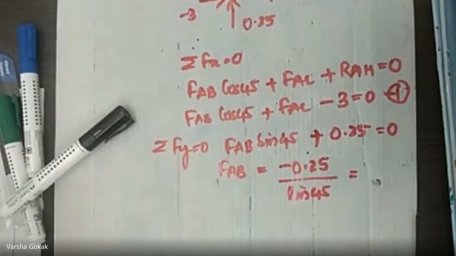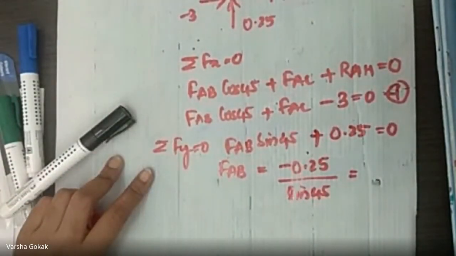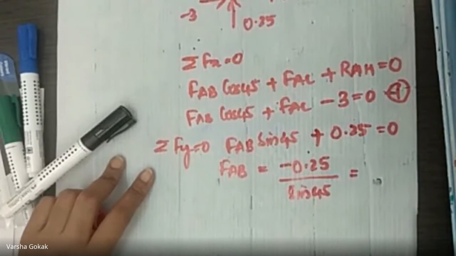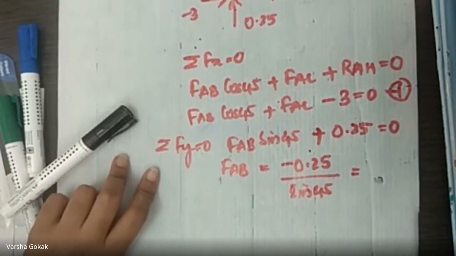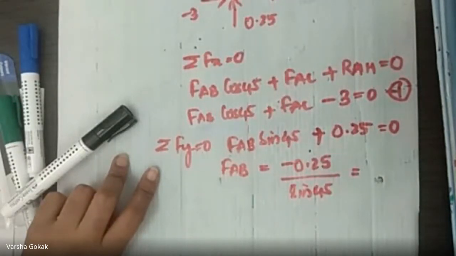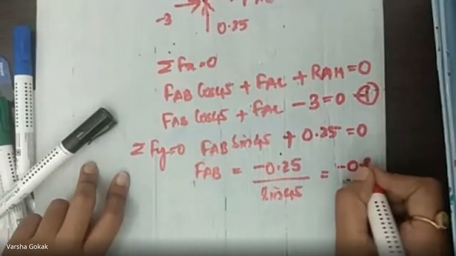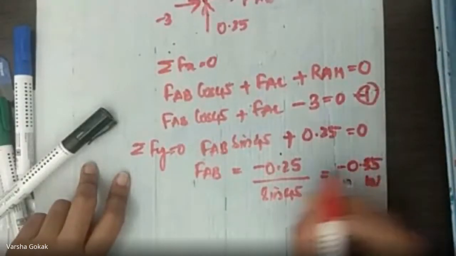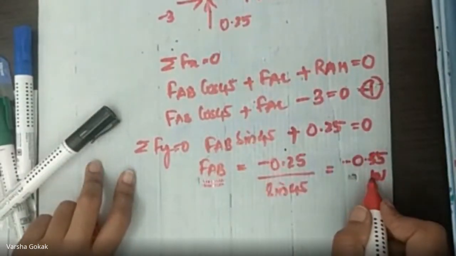How much is this value, please? 0.25 divided by sine 45. Minus 0.35 kilonewtons. So FAB value is minus 0.35.